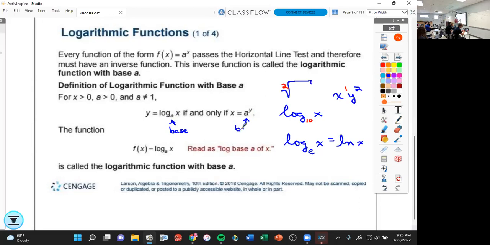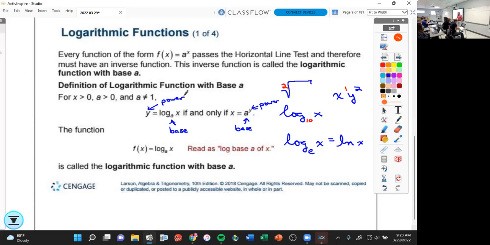It's the base. You take the base to a power, right? So y is the power. So if I gave you y equals log base A of x, then that means that x is equal to a to the y power.